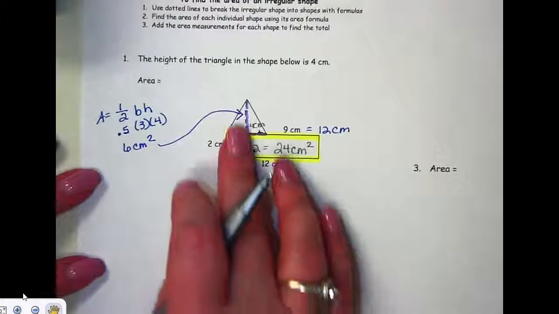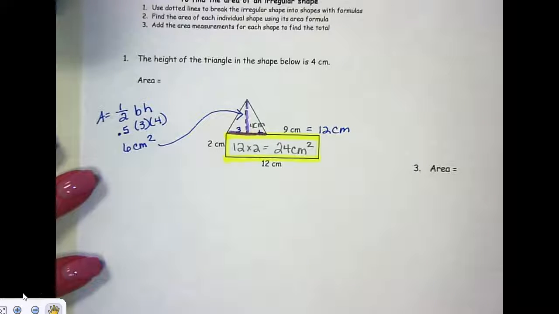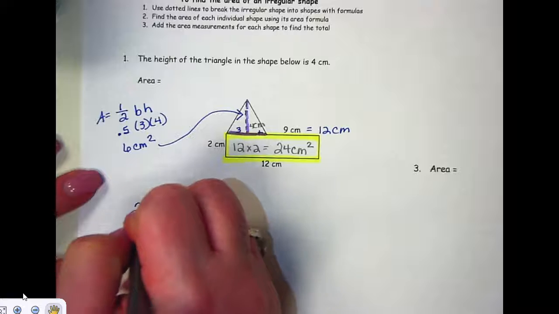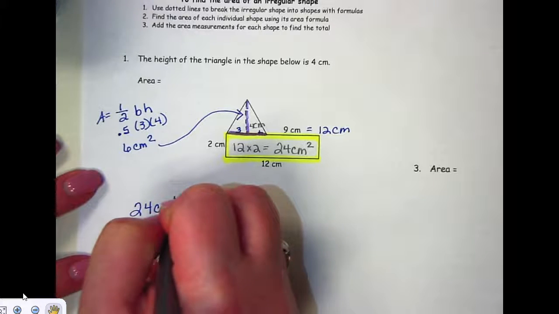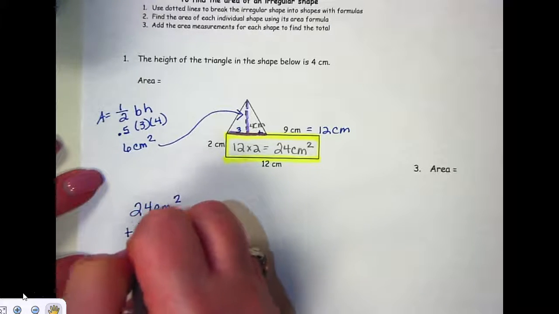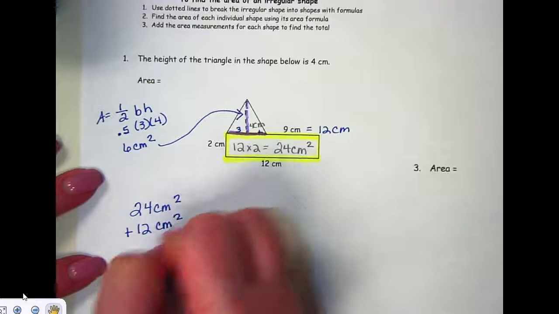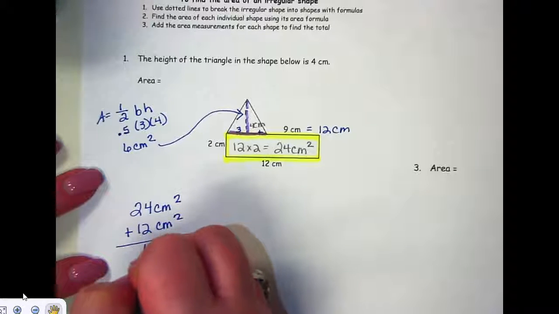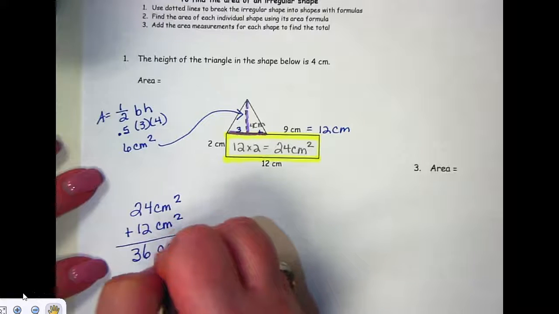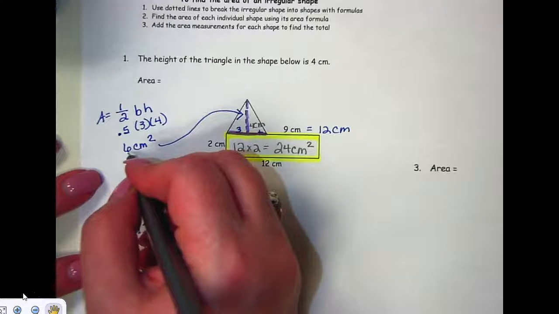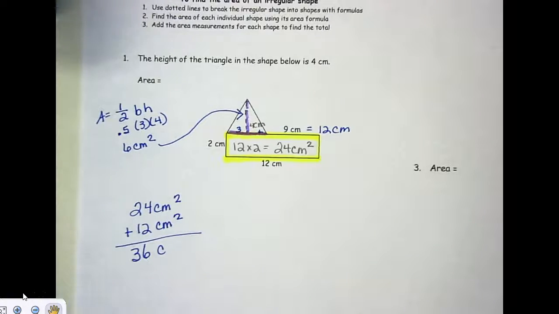So what's the area of the whole composite figure or irregular shape? We're going to say 24 centimeters squared plus 12 centimeters squared is 36. Oh, no, it's not 12. It's 6. What was I thinking? I was thinking wrong, wasn't I?